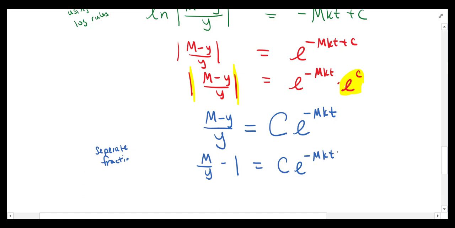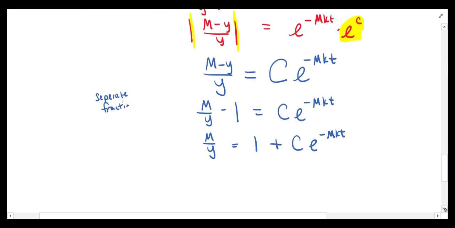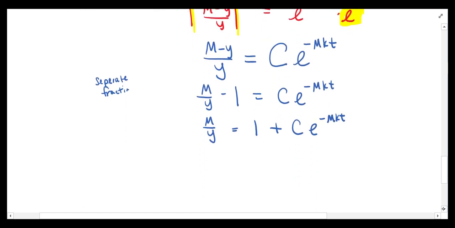That's nice, because now I can just solve for m over y, which just becomes 1 plus c e to the negative mkt. And you're like, but I want y, not m over y. I get it. So this is where I'm going to ask you, yes, to flip this or do the reciprocal y over m. And yes, I'm going to flip the entire right-hand side.